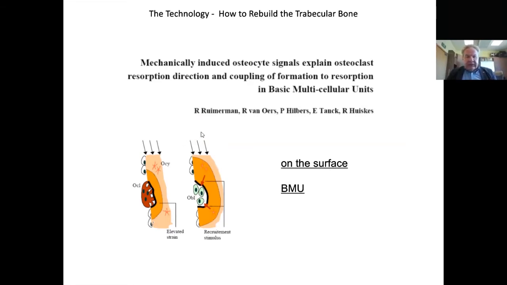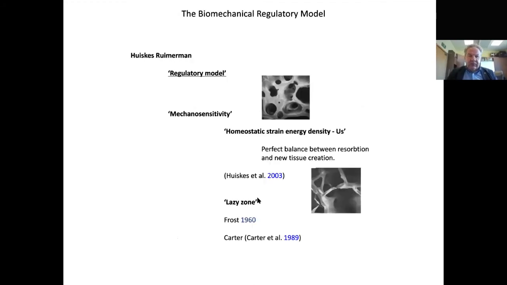This area, where we can observe this remodeling process, so new bone creation, is called the basic multicellular unit, because everything here is a sequence of reactions of many different cells. So osteoclasts remove material, osteoblasts produce new tissue.